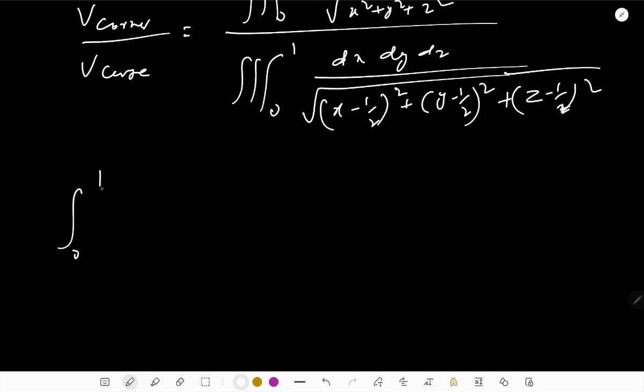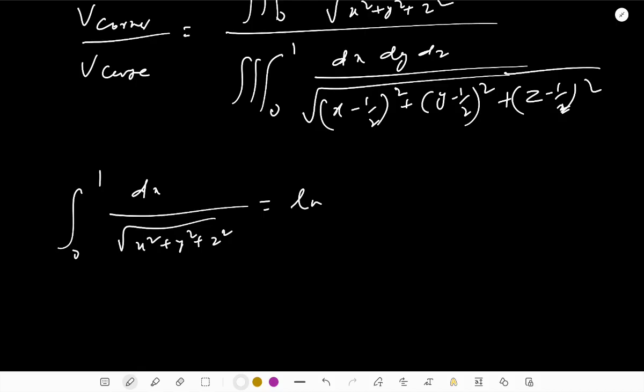It's like 0 to 1 dx upon under root x square plus y square plus z square, and if you integrate with respect to x, then y and z are considered constants, and the result for this you can find from any table, or you can use computer programs.